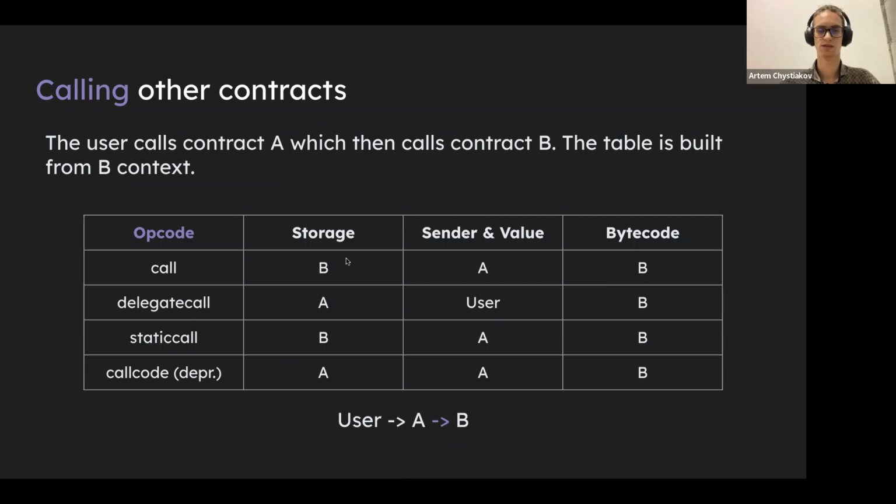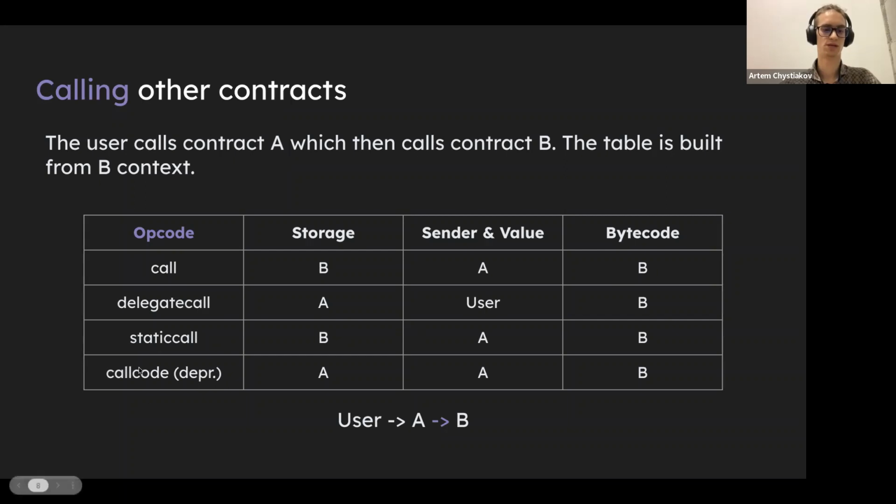You can see that the storage of contract B is used as in the call. The sender becomes the actual contract that initiated this call, and the bytecode of B is used. So it's a regular call, which doesn't allow storage modifications, only storage reads.